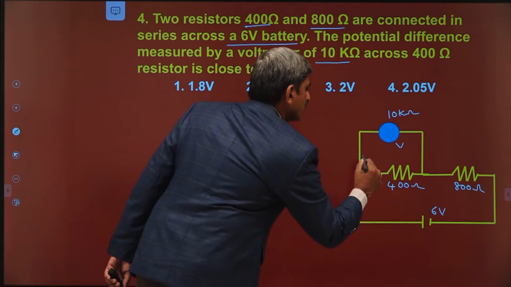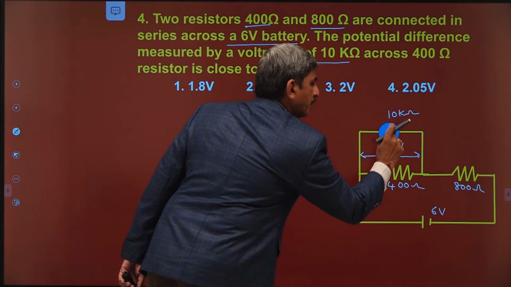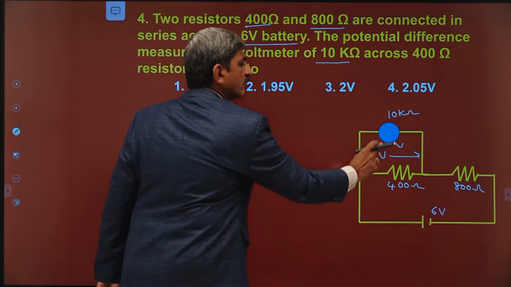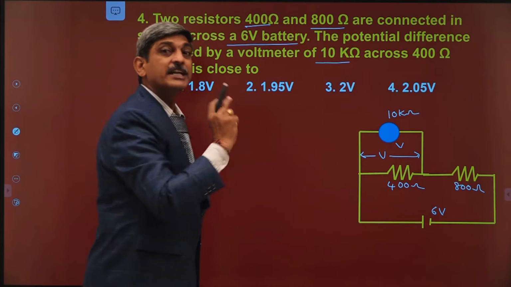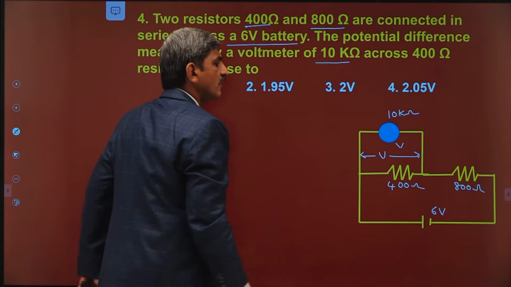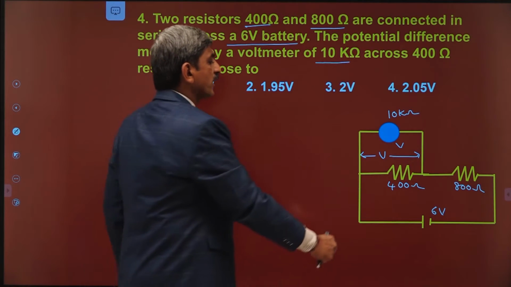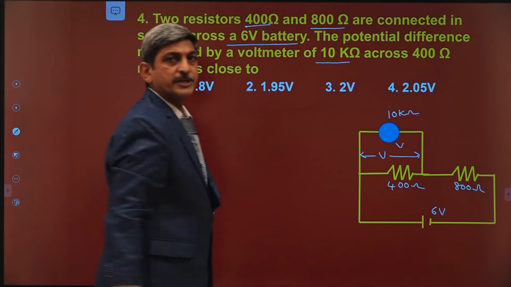If we calculate the potential difference across the parallel combination of these two, that will give the reading of the voltmeter. That means if we want to find the reading of the voltmeter, we have to determine the potential difference across the parallel combination.